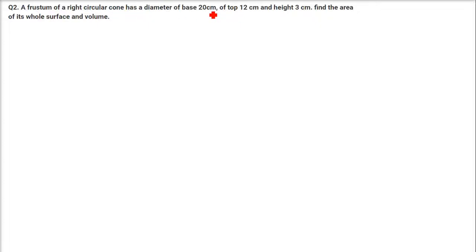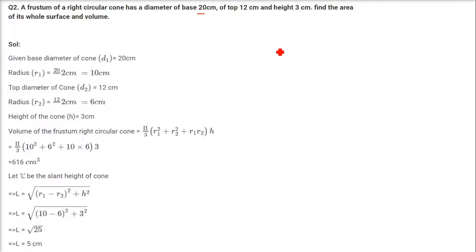A frustum of a right circular cone has a diameter of base 20 centimeter, of top 12, and height is 3 centimeter. Find the area of its whole surface and volume. Again, we know that a frustum is actually a cross section of a cone.